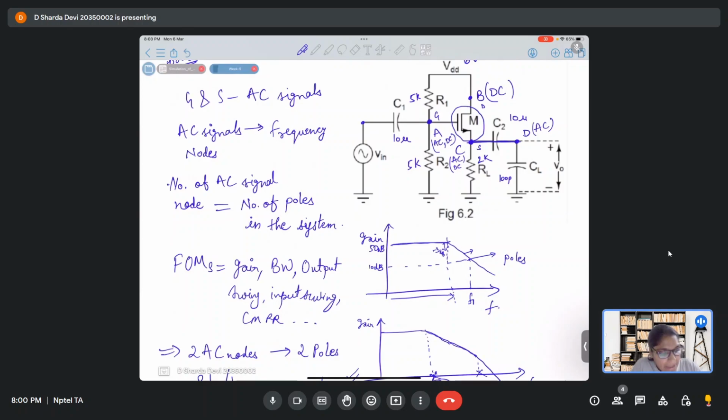So RL parallel CL will be your node, है ना? Yes, ma'am. When there is an AC signal, your C2 will be shorted. You will see RL parallel to CL. और similarly Cin के केस में भी, like input के केस में भी, this series capacitance will actually get shorted. So this will not come in picture.